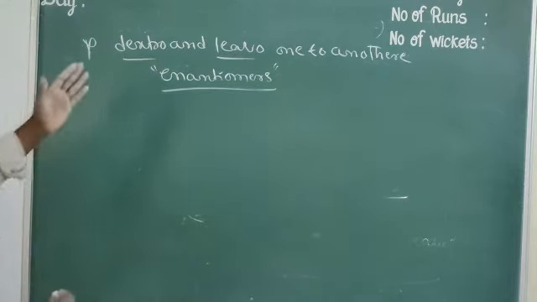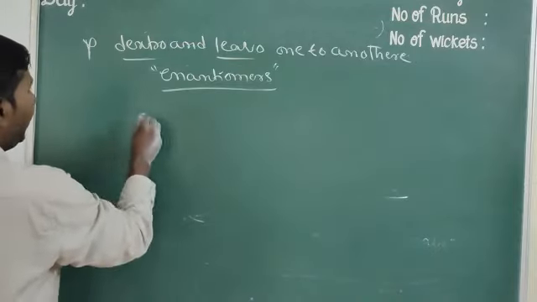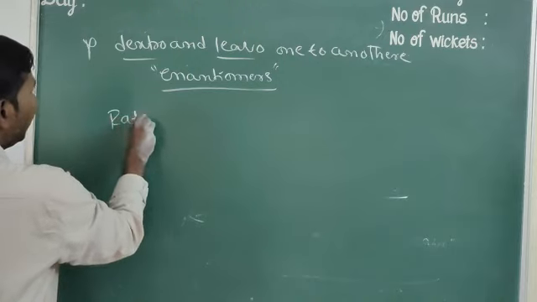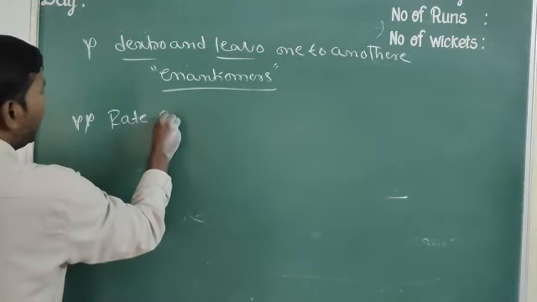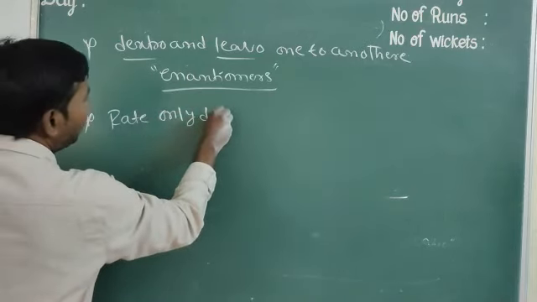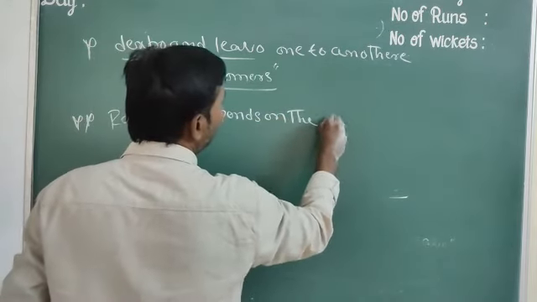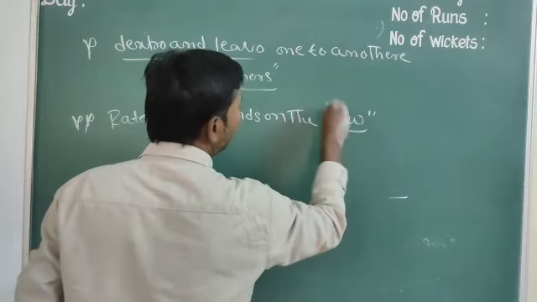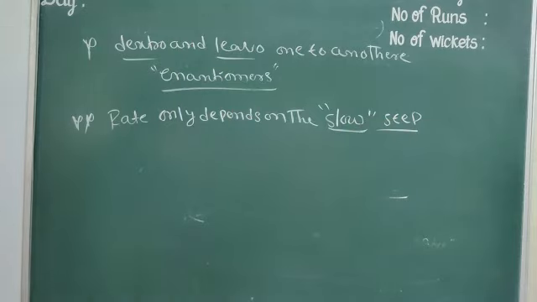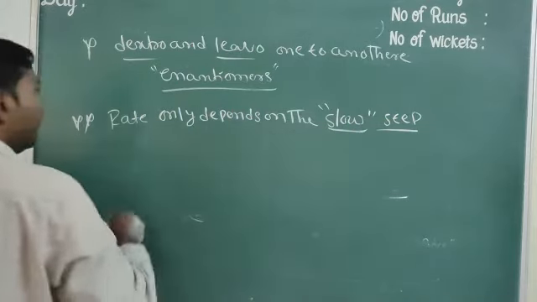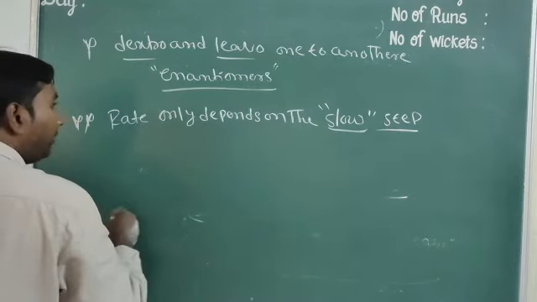Next, in the SN1 reaction, the rate only depends on the slow step. Generally in chemistry and chemical reactions, the rate only depends on the slow step. Here in the slow step, how many reactants are involved according to the mechanism?